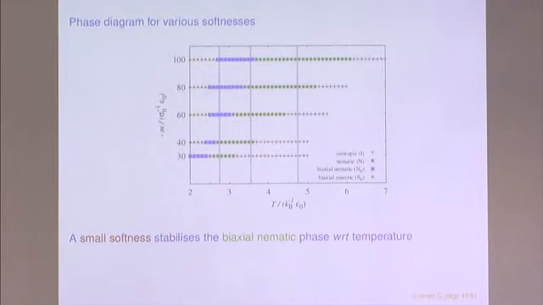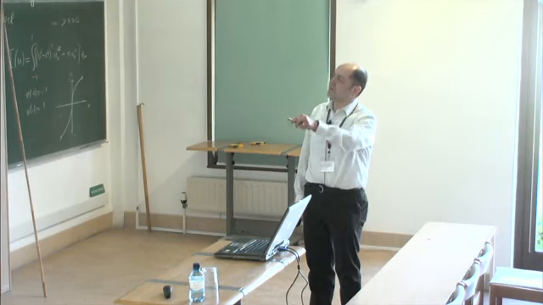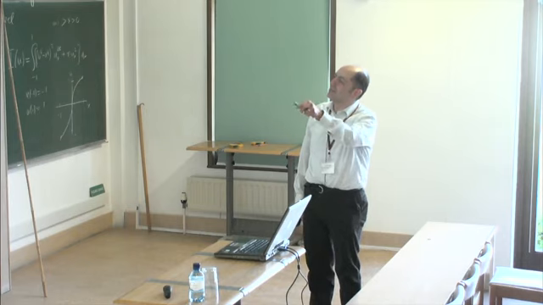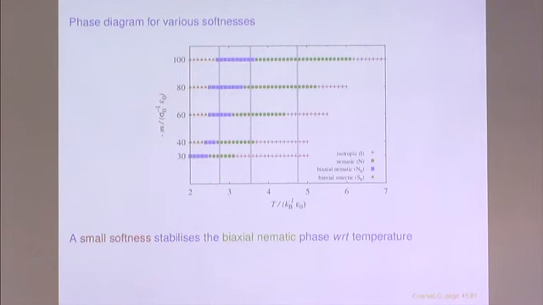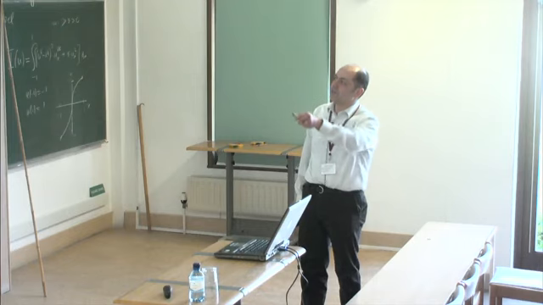In this case, I want you just to take notice of the blue squares, and this line here is the uniaxial nematic, biaxial nematic transition for the standard model, and just close here there is the transition to biaxial smectic.